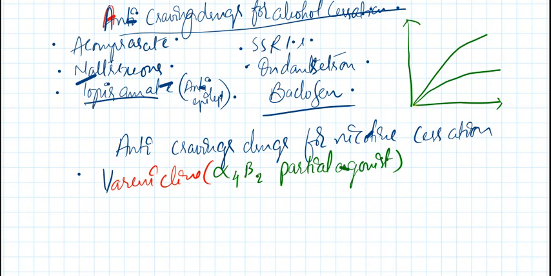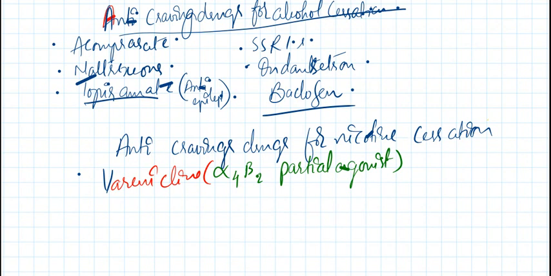Now this yellow one is antagonist, and this is inverse agonist. So this is 1 agonist, this is 0 to 1 partial agonist, this is 0 antagonist, and this is -1 inverse agonist. Like this you have to integrate each and everything from time to time, then only you can easily solve the integrated questions. Without integration you cannot do anything.